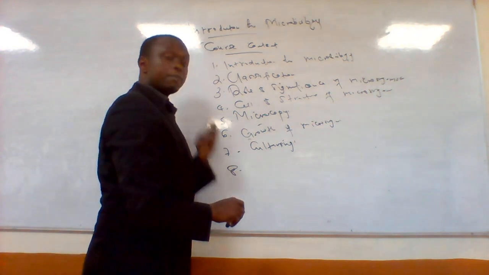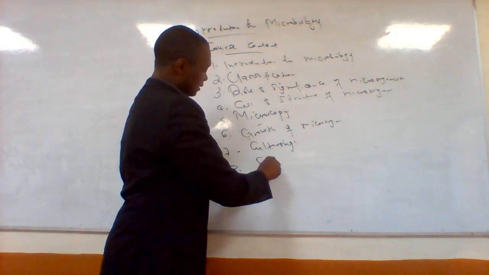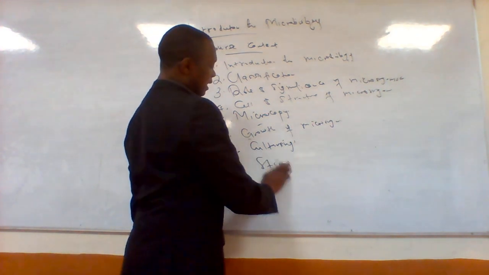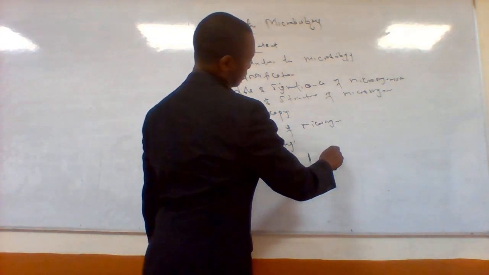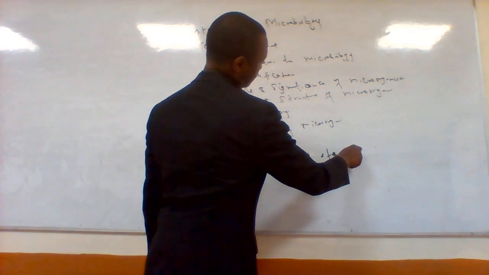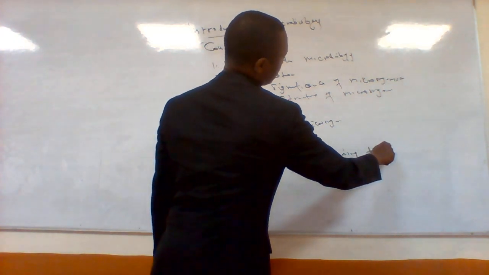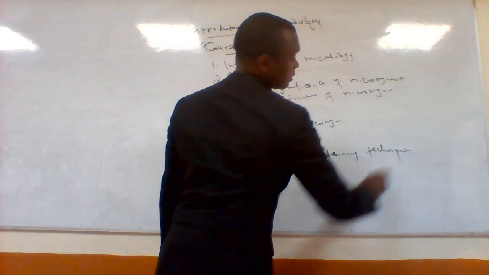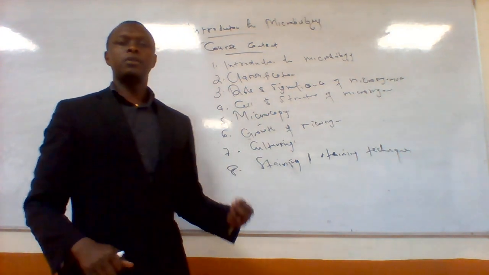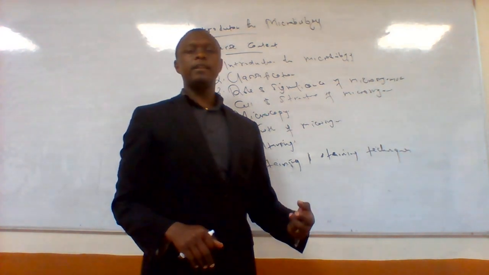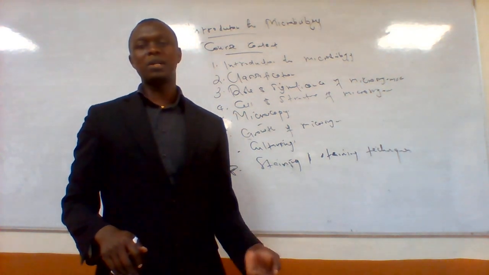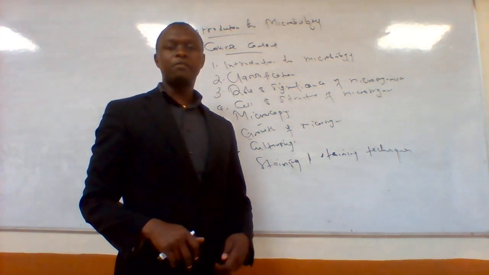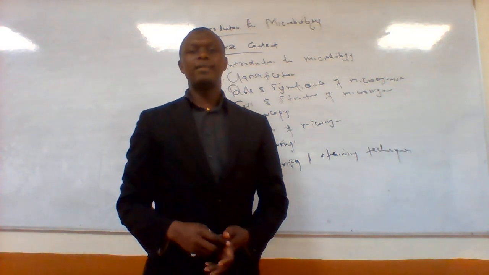Our next topic will be staining and staining techniques. We are going to look at various types of stains we can use to stain our microorganisms, because as you are aware, bacteria, for example, are normally transparent.